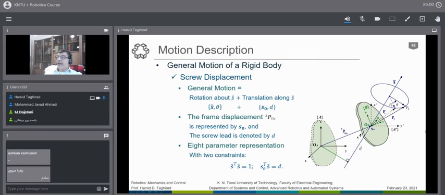We represent the rotation with S hat and theta as we had before, the axis of rotation, which was the true eigenvector of the rotation matrix.